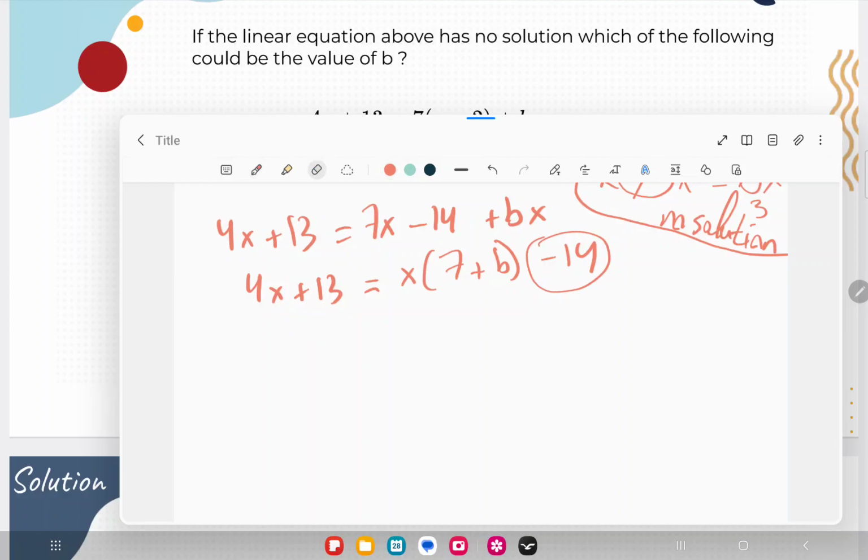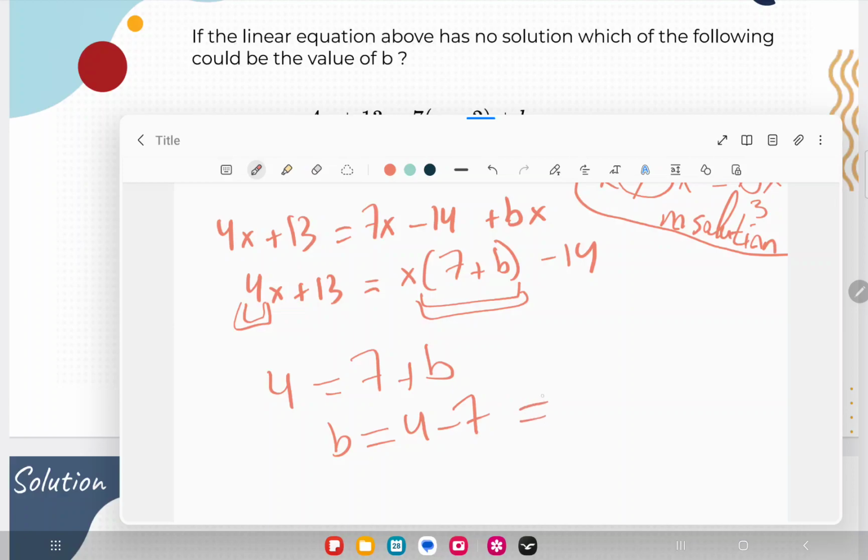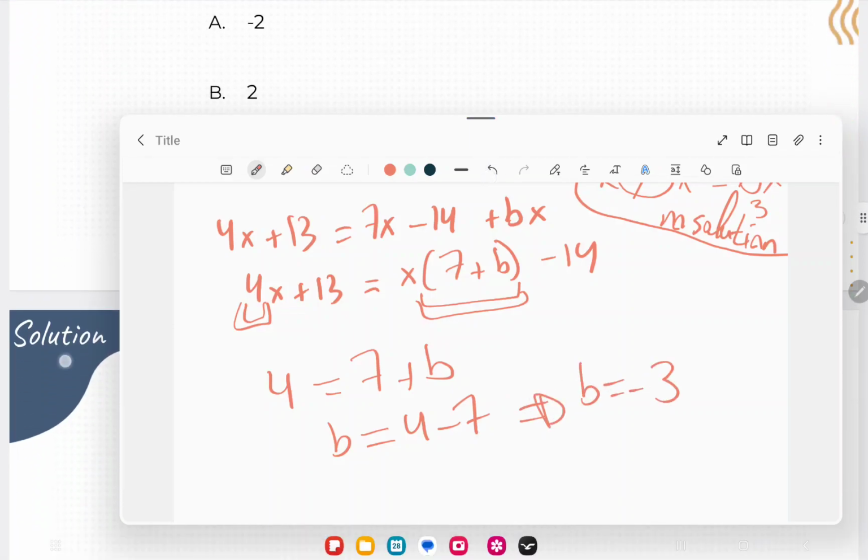I don't really care so much about them. What I care about is whatever is next to x on the right side is going to be equal to what is next to x on the left side. So 4 is going to be equal to 7 plus b. b is 4 minus 7. b is going to be equal to minus 3.